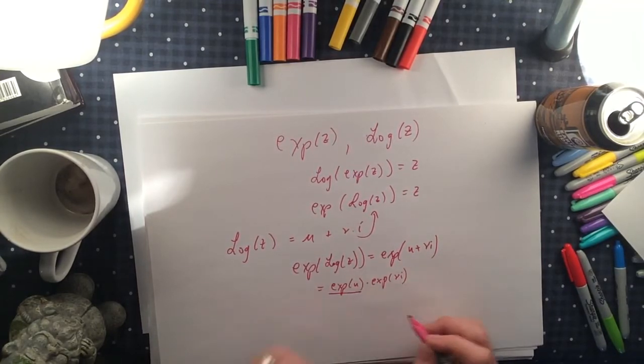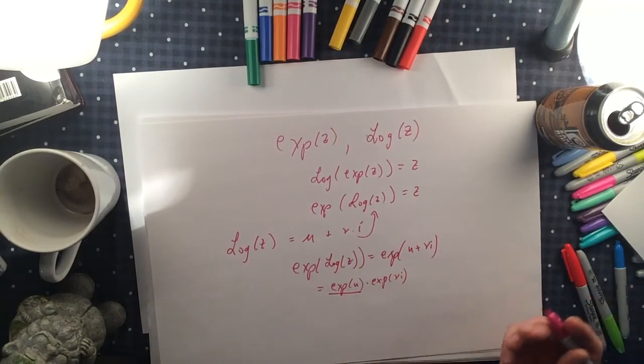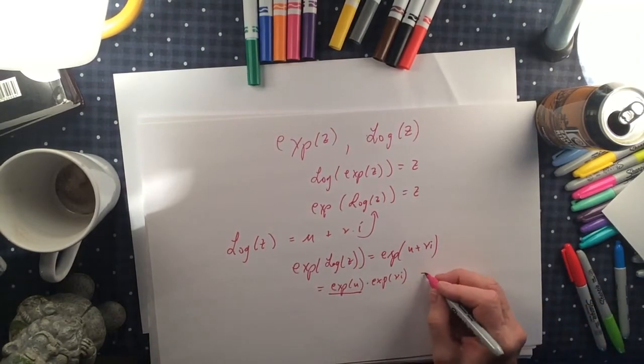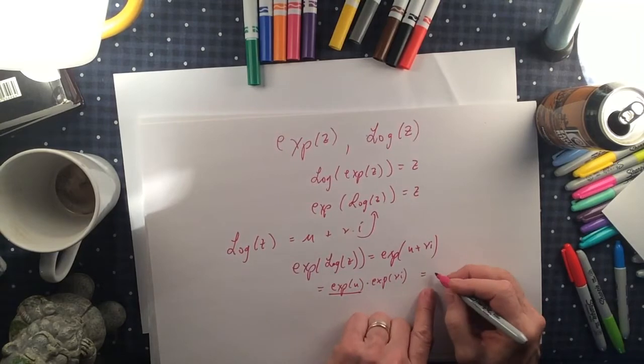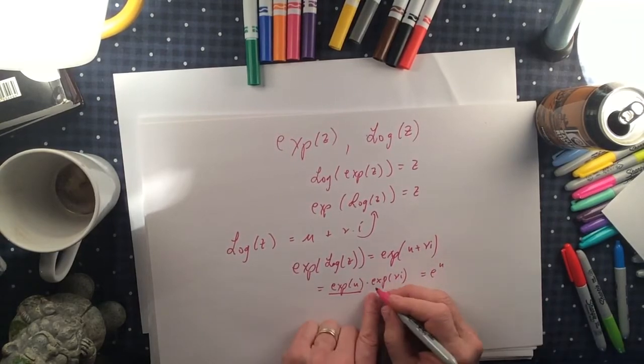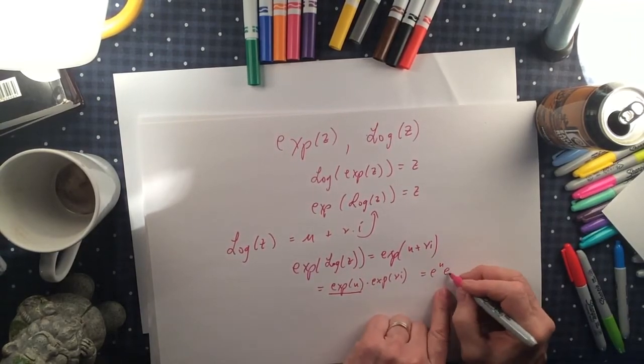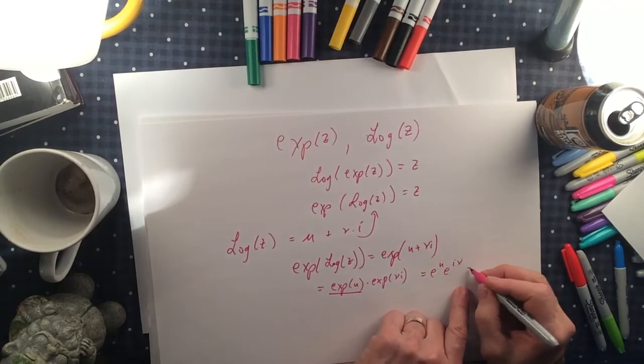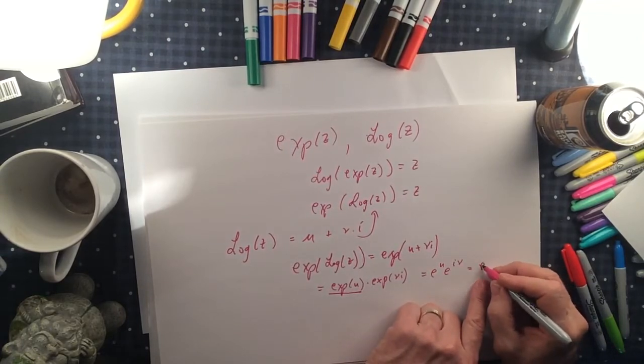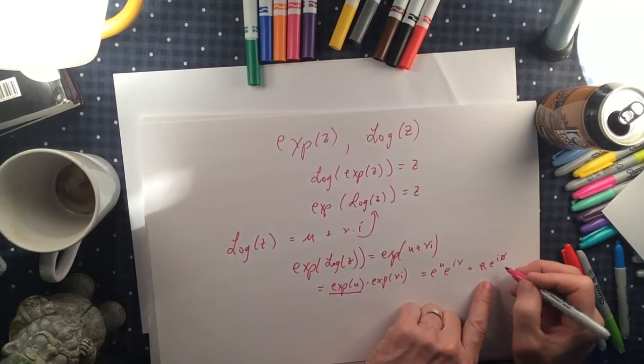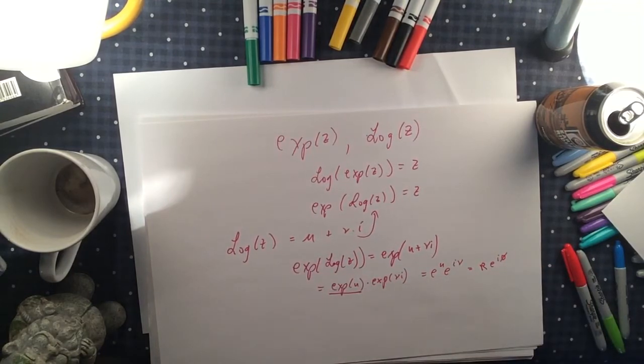And the exponential function, we've said, when only a real number is going to go in, is going to be e to the u. And when we just have this complex, we have e to the I nu. And so this is some R e to the I phi, some angle.